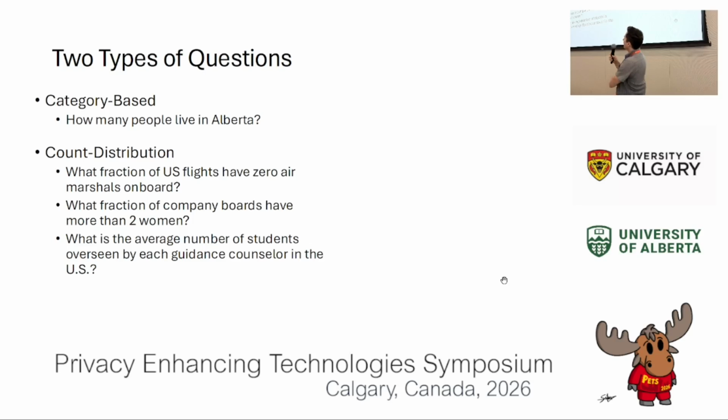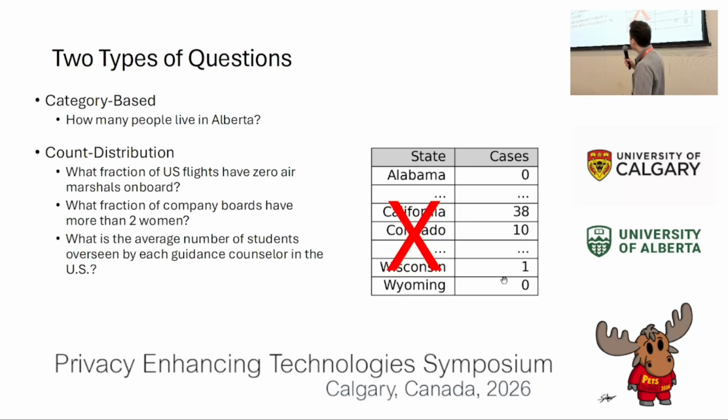What fraction of US flights have 0 air marshals on board? What fraction of company boards have more than 2 women? What is the average number of students overseen by each guidance counselor in the US? What all of these questions have in common is you don't need the names of any categories to answer them. Actually, you could take that first column, the column of names, and just delete it, and only work with the column of counts.